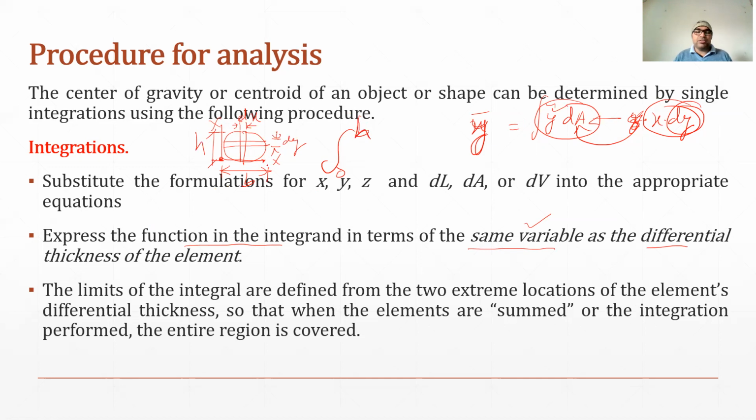So depending on the orientation of the strip, we will set our limits in the integration. Once we set the limits, we will integrate it, and then we can have our coordinates.